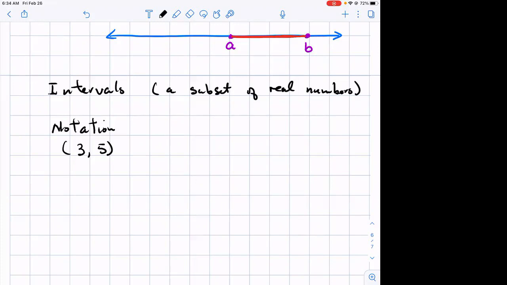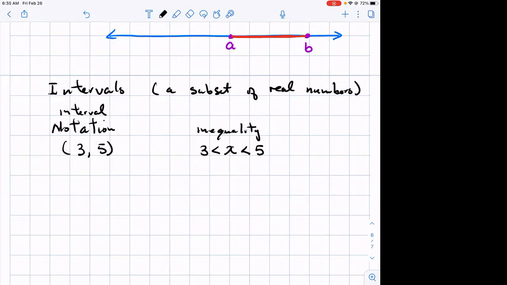This is an interval, so maybe we should write interval notation. If you write this as an inequality, you can say that x is less than 5 but greater than 3.